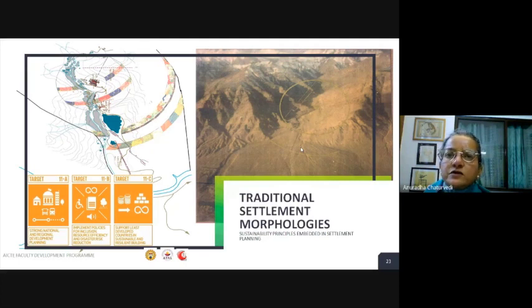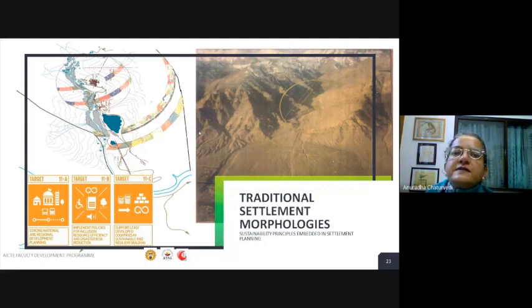In relation to the intangible knowledge related to siting of settlements, related to the kind of principles of well being which are there in the Vastu Shastras, there are a lot of lessons which can be learned, which can help to guide current sustainable development planning at the regional level and at the national level.